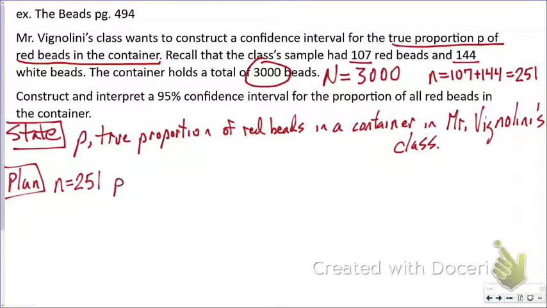I do see that p hat, we're interested in red beads, is 107 divided by 251, which happens to be 0.4263. But I don't see anything about randomness. So I'm just going to write assume a random sample was taken.